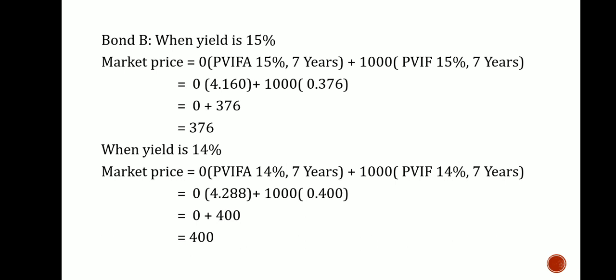When we apply these values to the formula and simplify the equation, we get rupees 376 at 15% yield and rupees 400 at 14% yield.